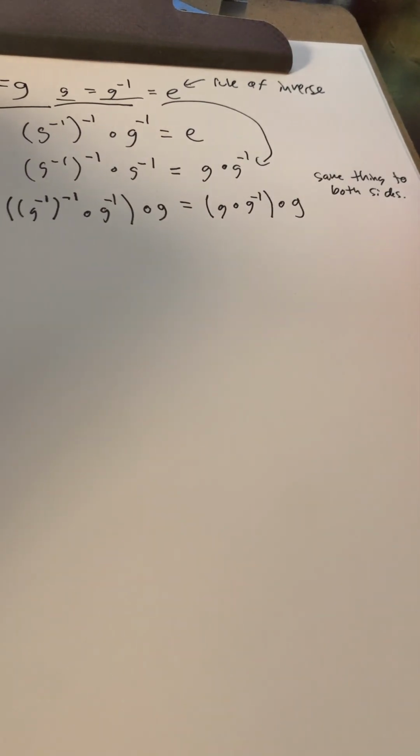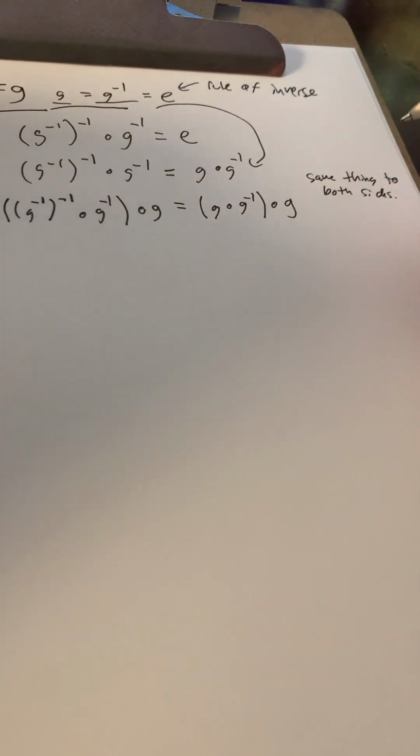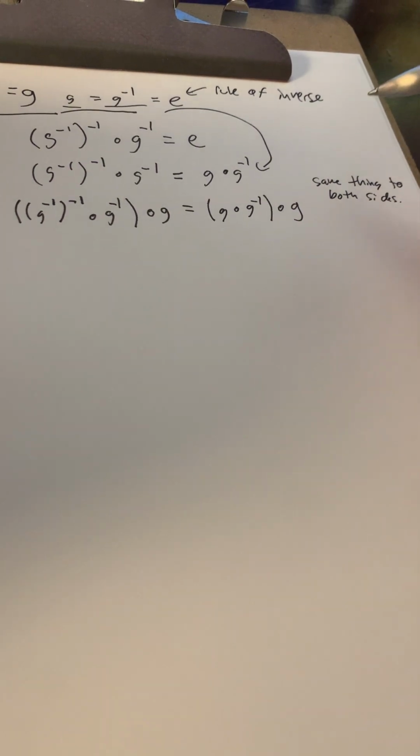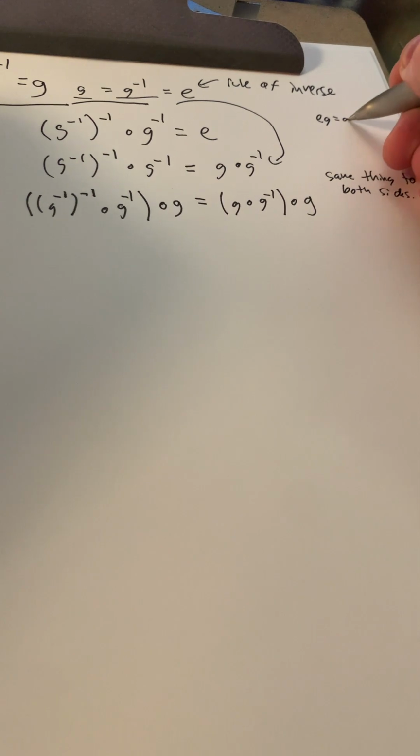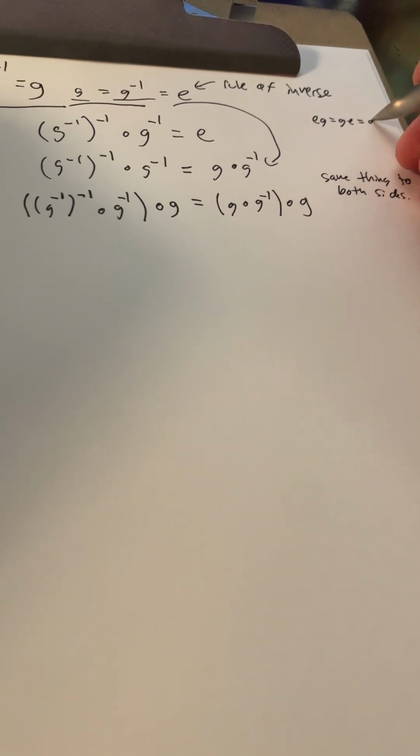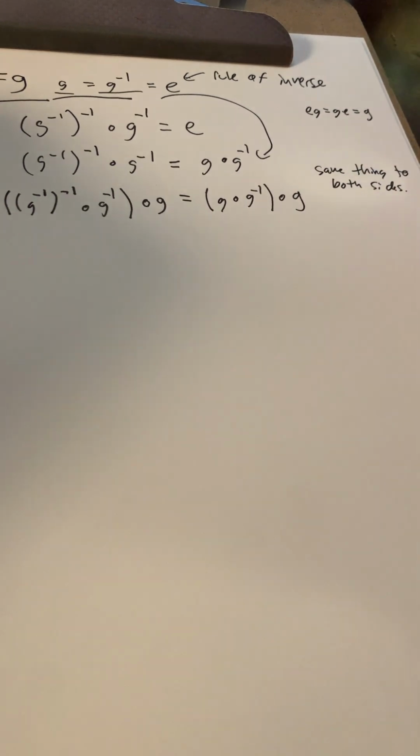Right, and we can see explicit definition of this when it comes to the definition of the identity element, right? So EG equals GE equals G. We have this ability to compose things.